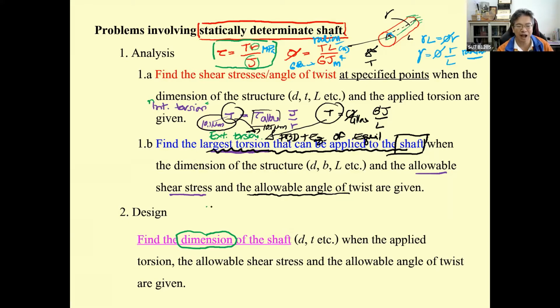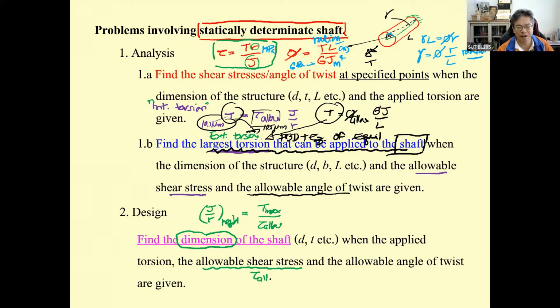So you just say J over R, that's what you are looking for. J over R is going to be equal to T maximum divided by tau allowable. So they will give us the tau allowable.